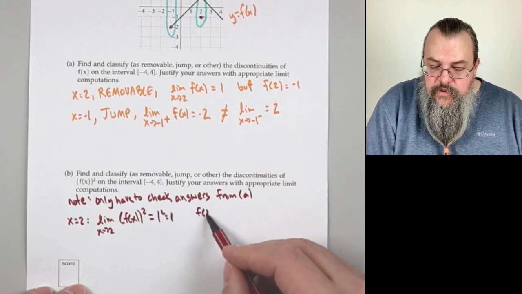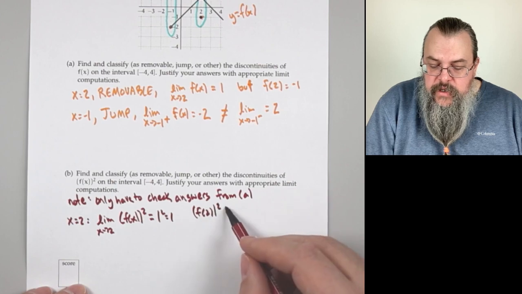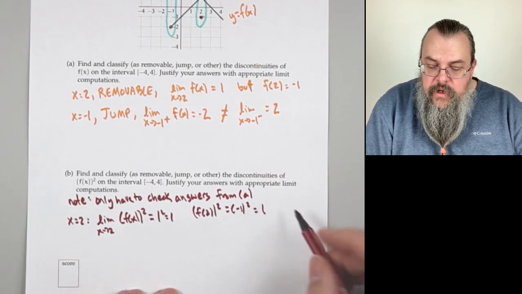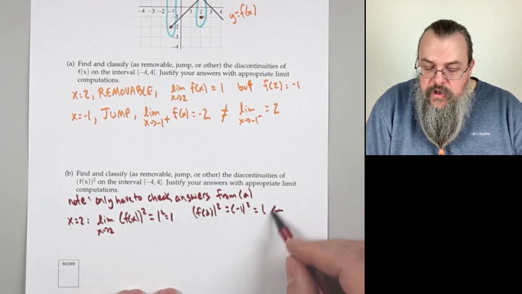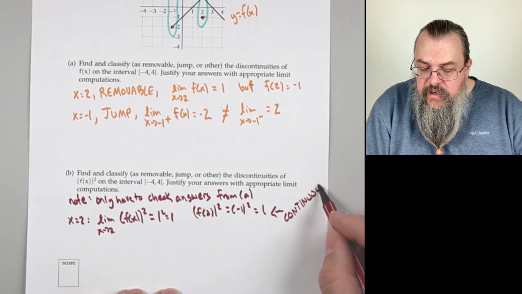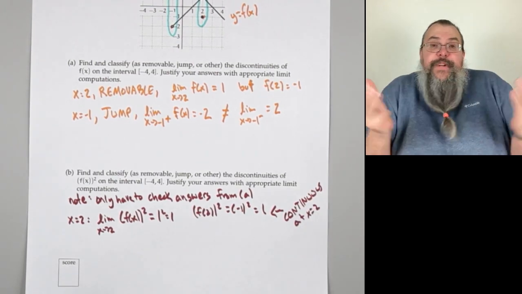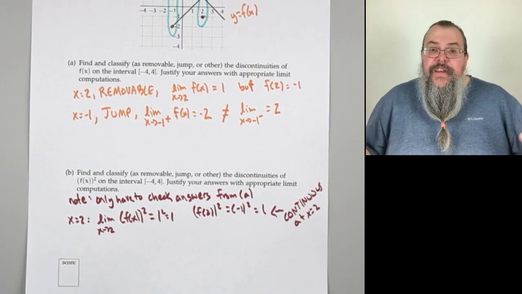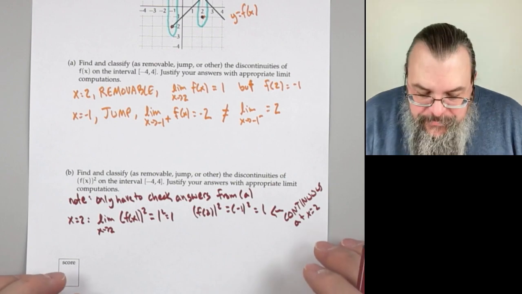And f of 2 squared is negative 1 squared, which is 1. And so you say, oh, cool, that means it's continuous at x equals 2. So actually we didn't even need to do any justification. It's not a discontinuity. Well, you live and you learn.